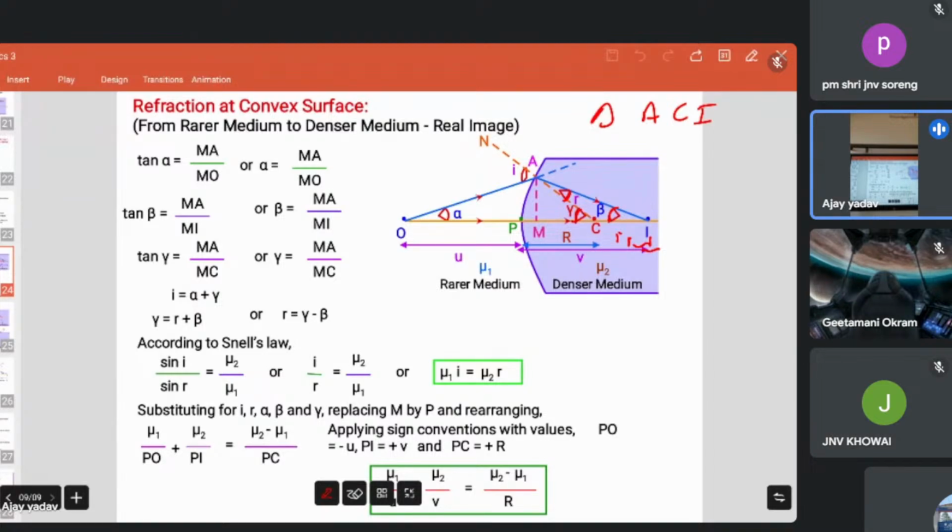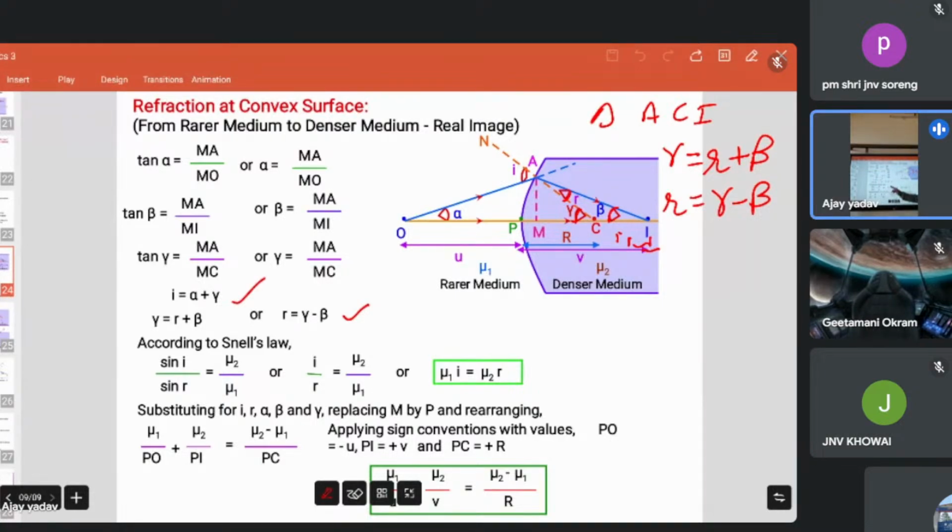So the exterior angle gamma equals the sum of the two interior opposite angles R and beta. We can write gamma equals R plus beta, so R equals gamma minus beta. This is R equals gamma minus beta, and this is I equals alpha plus gamma.